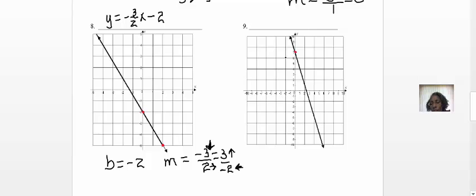And I want to move until I'm, in this case, the grid is set up a little different, but I want to make a movement until I'm directly across from a point on the line whose y-coordinate is an integer. And I'm going to go to this point right here. That's not on a corner this time because the grid's set up a little different, but I am directly across from the integer y value of 1.